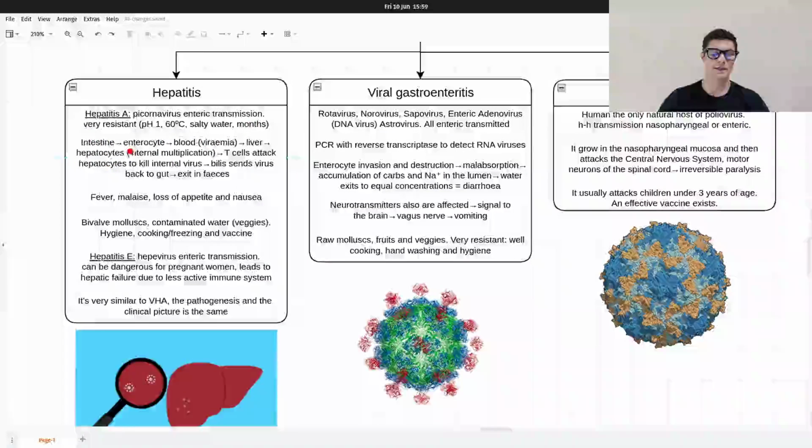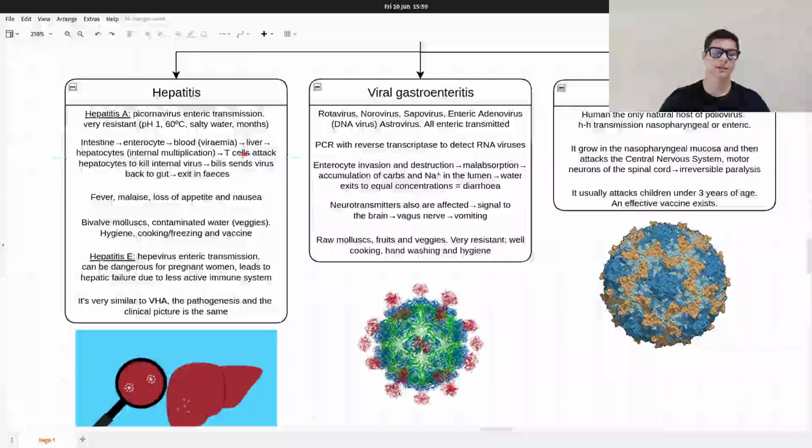It gets inside the intestine, then goes inside the enterocytes, then to the blood, causing viremia, then it moves to the liver, to the hepatocytes, and then internal multiplication happens, and the T cells attack the hepatocytes to kill the internal virus.